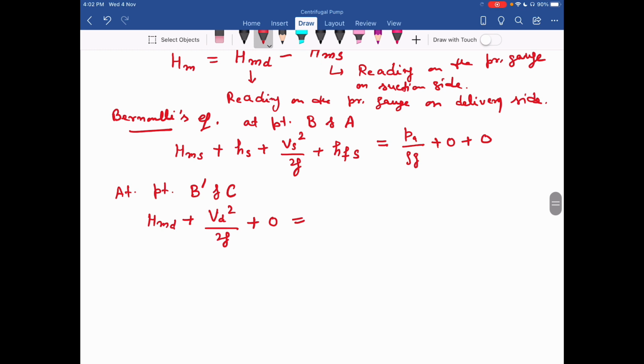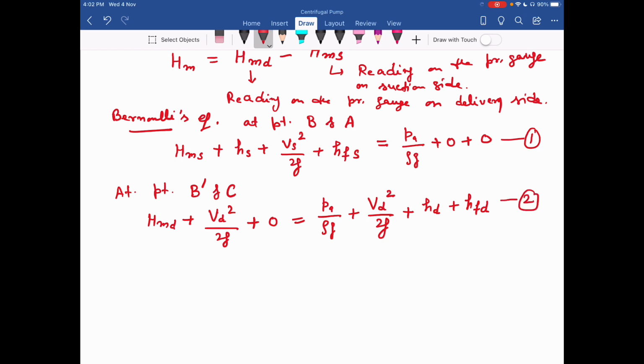So I can write PA divided by rho g, plus the velocity head Vd square divided by 2g, plus delivery head HD, plus the losses in the delivery pipe, frictional losses HFD. Say this is my equation number 1 and this is my equation number 2.